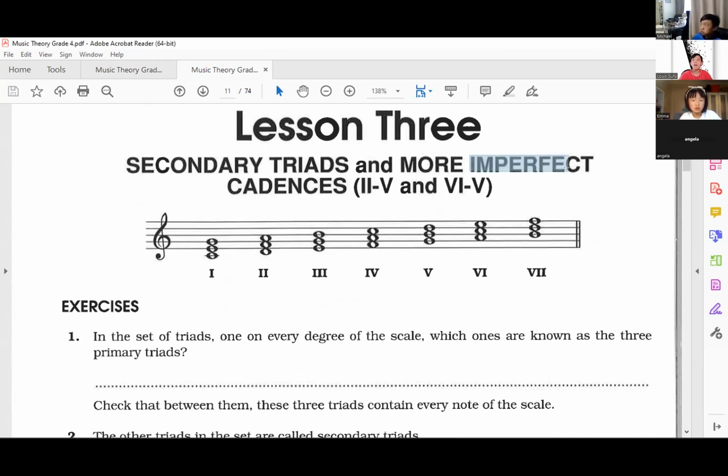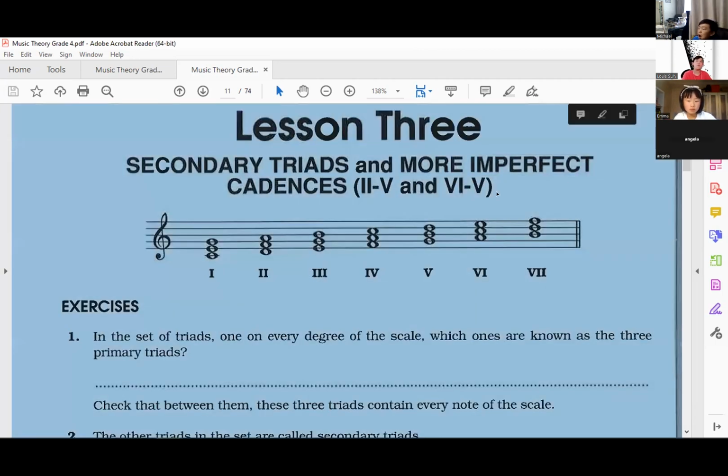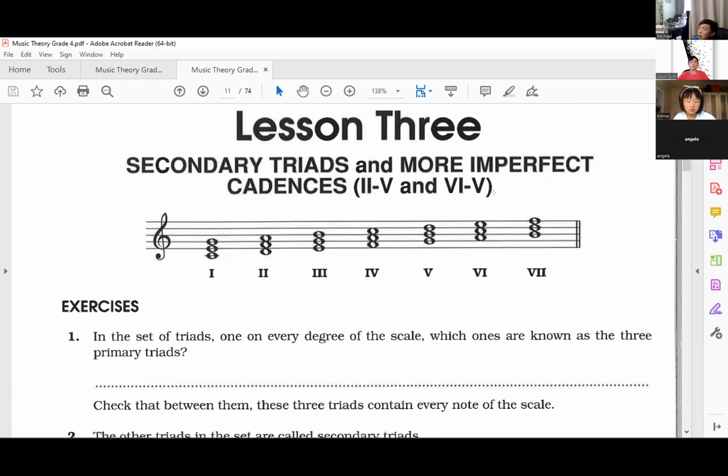So, remember that an imperfect cadence can be essentially any single chord followed by chord 5. So far we've done 1-5, 4-5, and once we get introduced to the secondary triads, you can use 2 and 6 in fourth grade theory. And 2-5 as an imperfect cadence does exist.